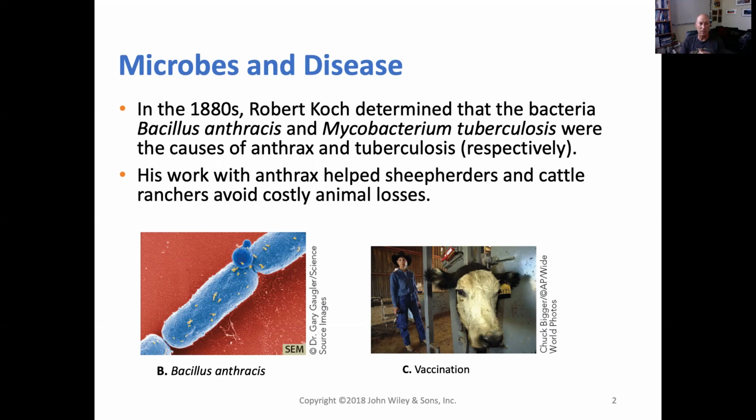And he first showed this with Bacillus anthracis that causes anthrax, which is a disease both of humans and of livestock, and also with Mycobacterium tuberculosis, which causes the disease tuberculosis. Those were the first two infectious diseases he proved it for. Not long after that, he proved it with cholera, and other diseases were demonstrated.